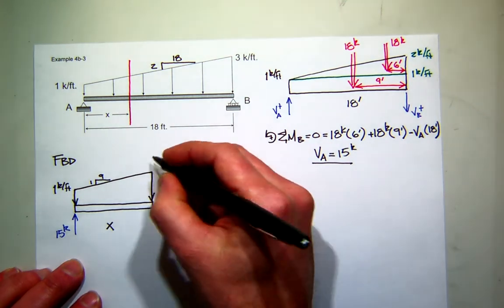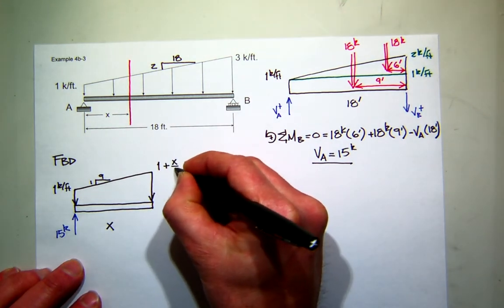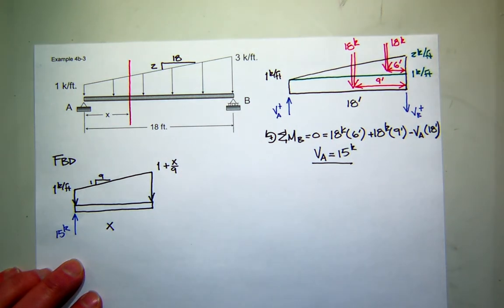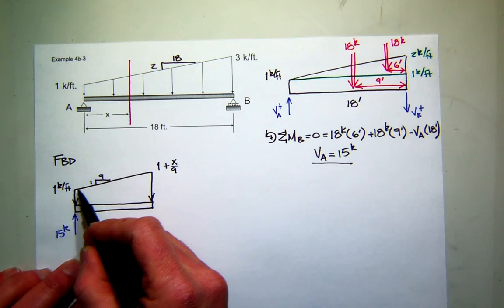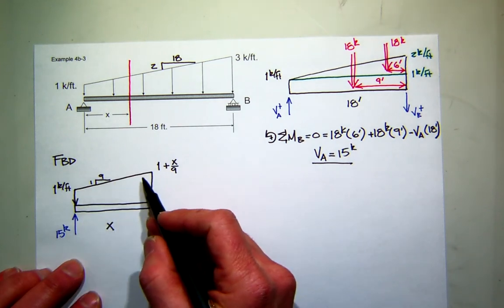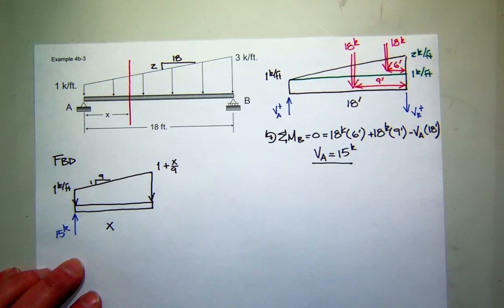So this value should be 1 plus x over 9. Right? You're going to start at 1, and you're going to add how far you go, 1/9.